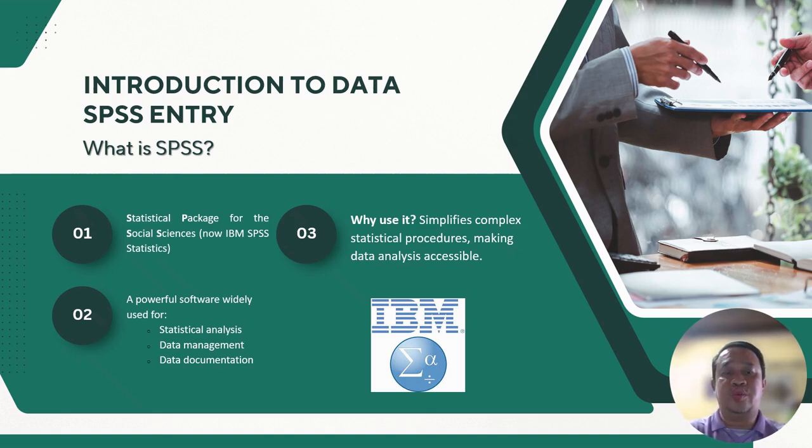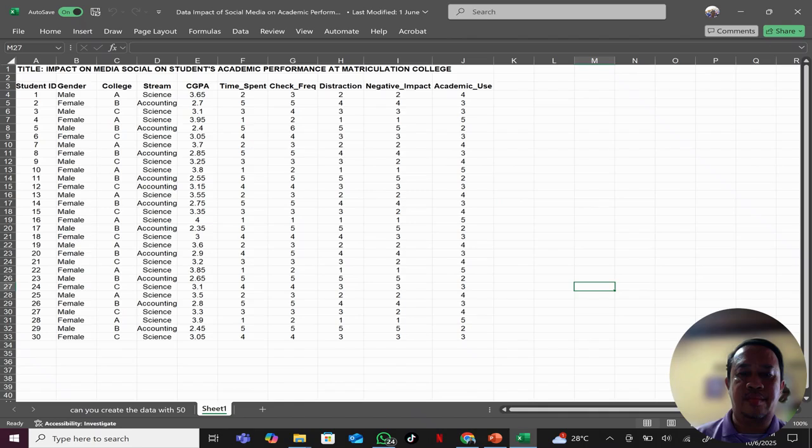Why do we use SPSS in quantitative data? It is because it simplifies complex statistical procedures, making data analysis accessible. Today, I will show you how to enter the data that I conducted.